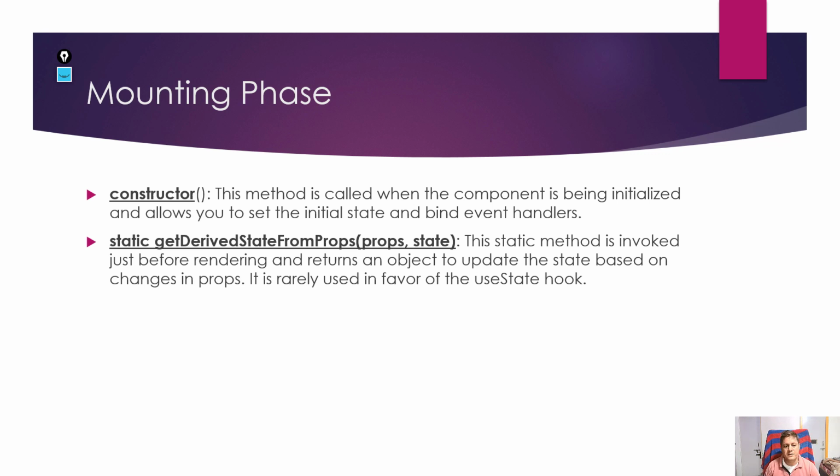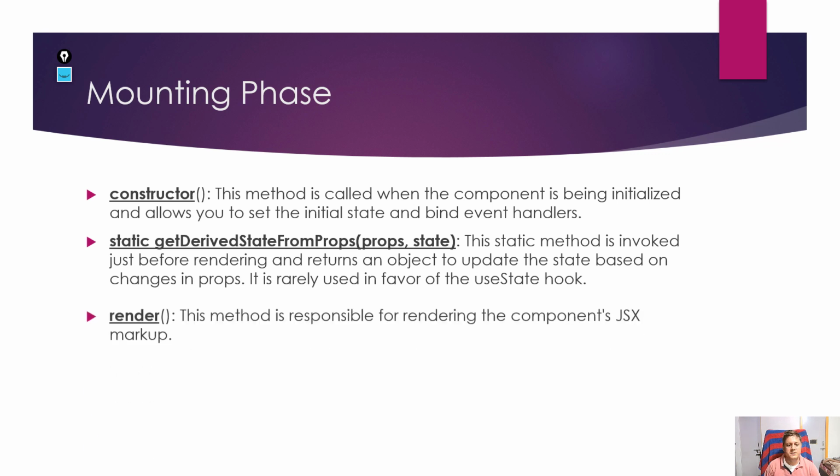It will update the state based on changes in the props. So if there are any changes in the props and you want to update the state, you can take care of that in this function.